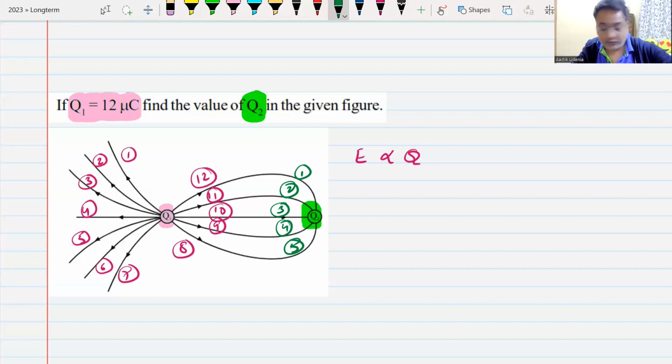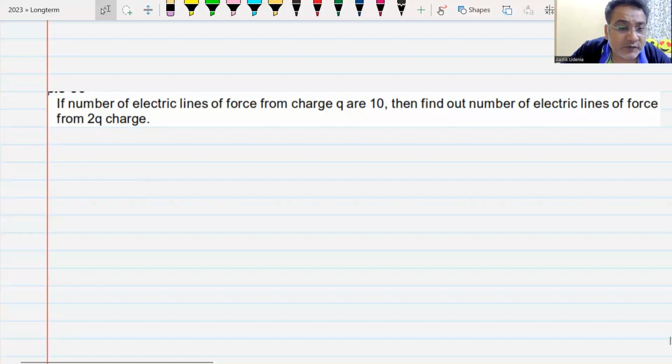Then one more question, a simple one here. If the number of electric lines of force from charge Q are 10, find out the electric field lines from 2Q charge.